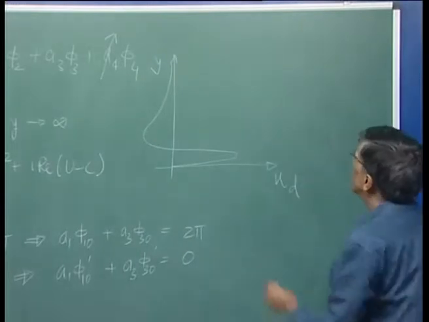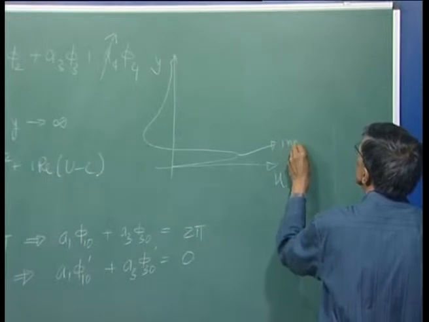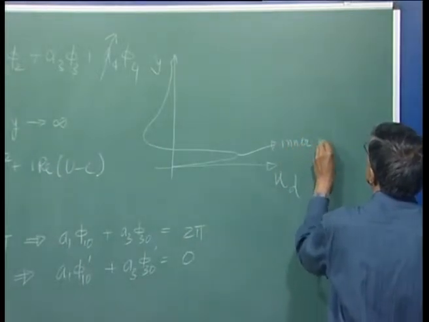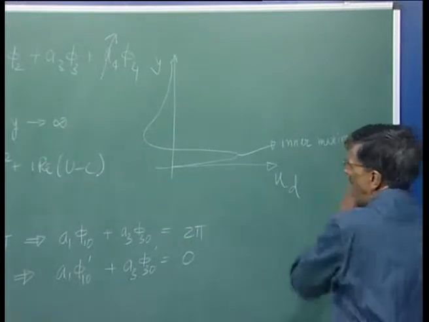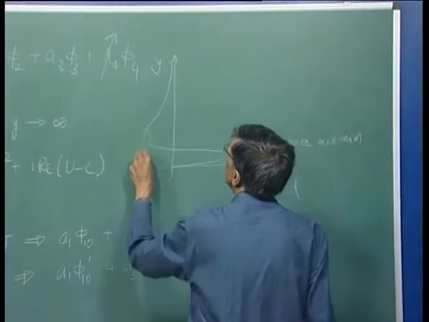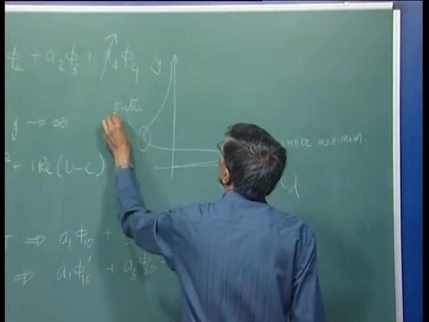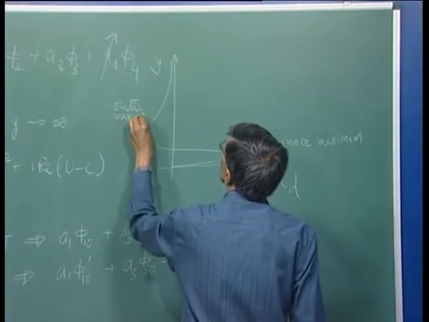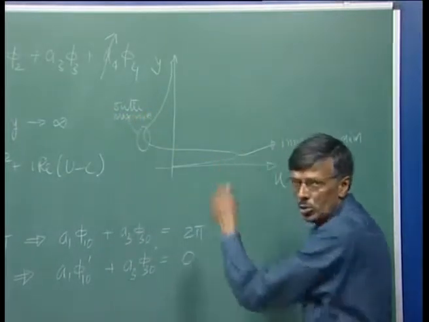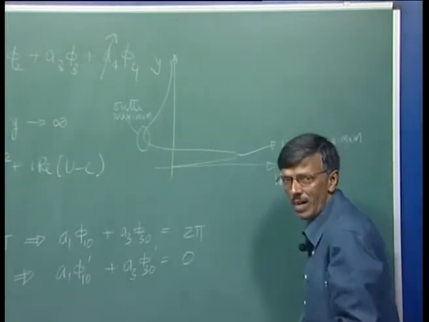Okay. And this is what is called as the inner maximum. And this part is called the outer maximum. So, basically talking about the magnitude, the disturbance quantities have two maxima, one here, one there.